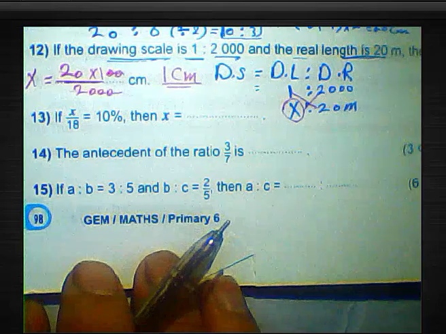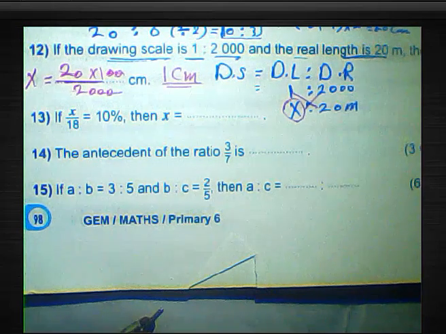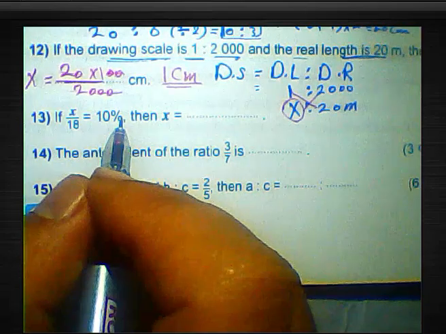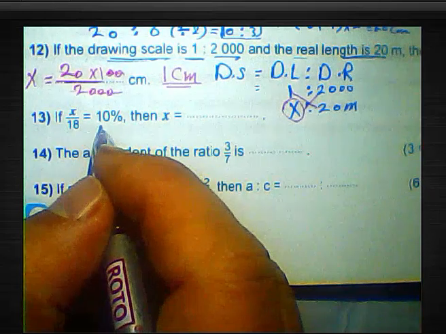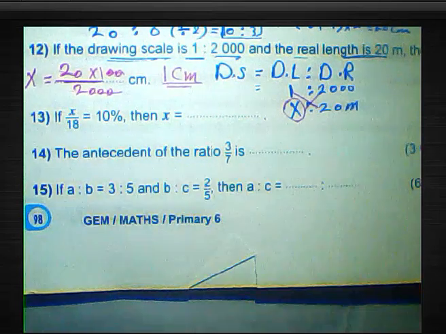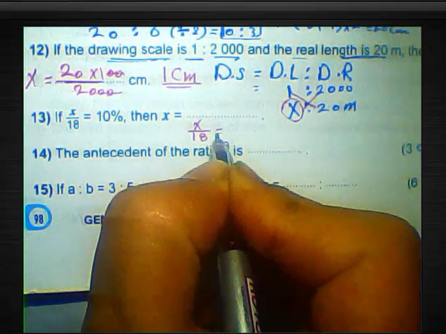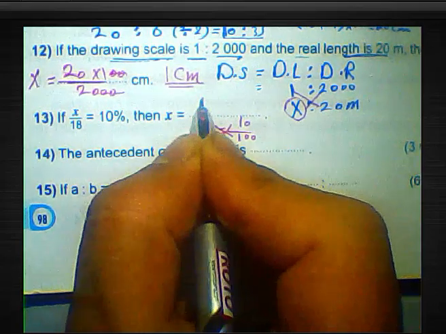Question 13. If x over 18 equals 10%, then x equals what? We can find x using the product of extremes equals the product of means. 10% equals 10 over 100. So you can write x over 18 equals 10 over 100, and then find x.